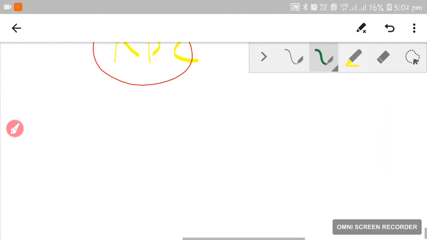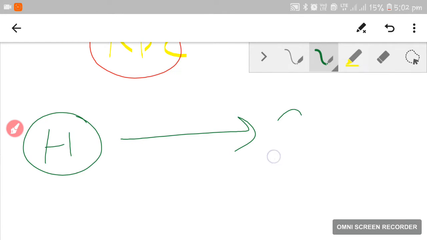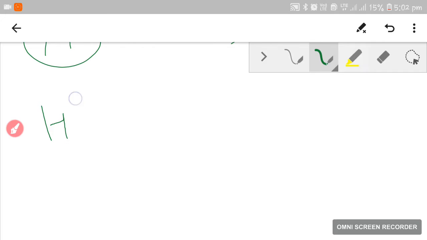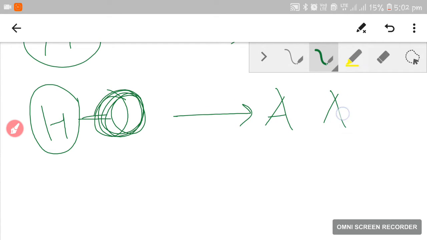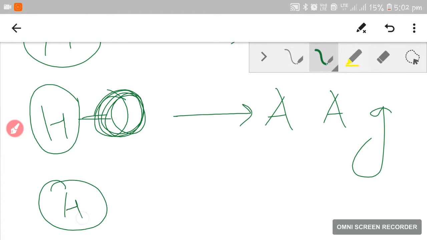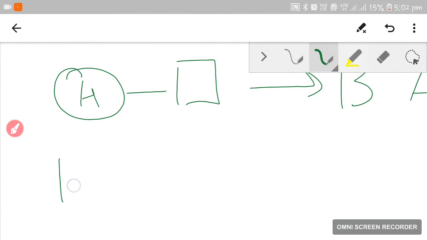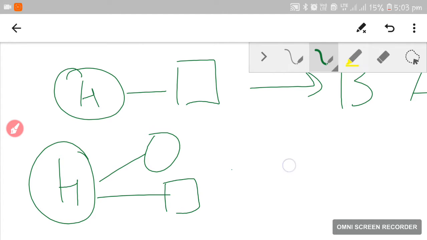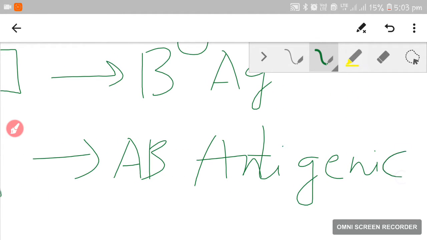So the H antigen is present on the surface of all the RBCs, and if only the H antigen is present, the blood group is known as O. If the H antigen has a particular enzyme on its surface, determined by the type of blood group a person has, it will make it A antigen, and another agent on the surface of the RBC will make it B antigen, and the presence of both will make the person AB. And this is the way we determine the blood group.